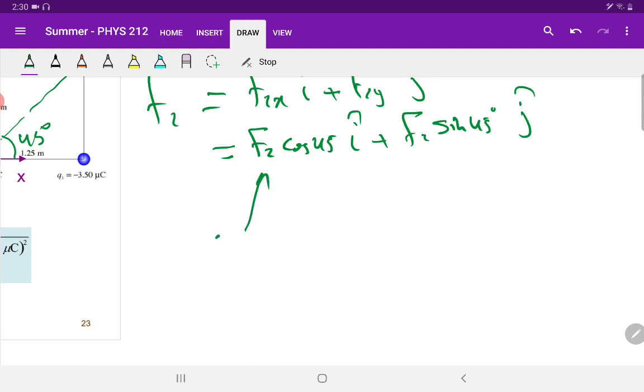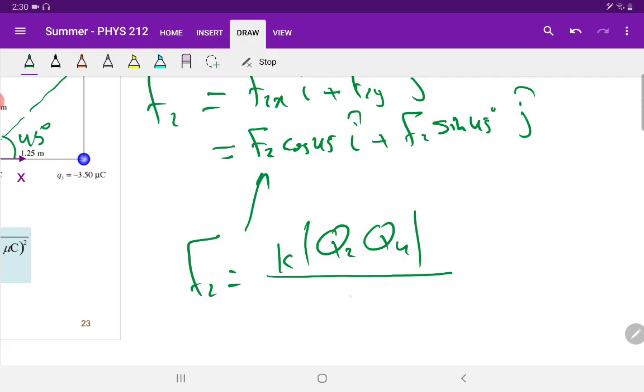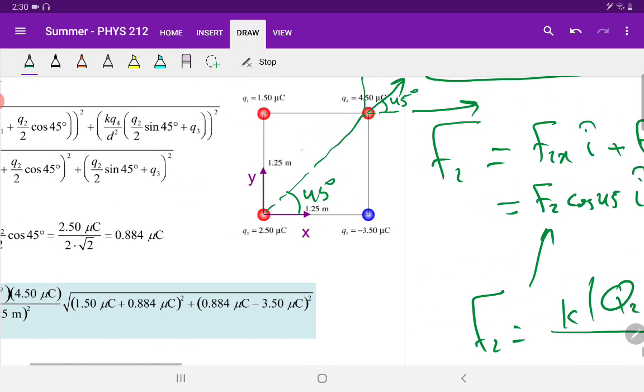Now what's F2? F2 we know it. It should be K Q2 Q4, again the magnitudes, we don't care about the sign here, divided by this distance R squared.